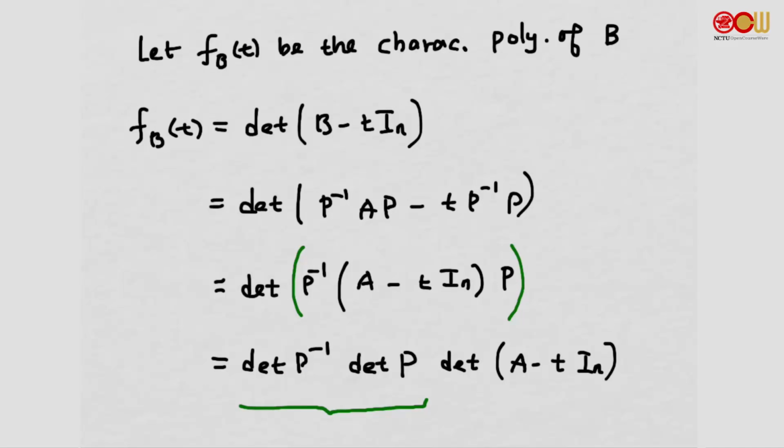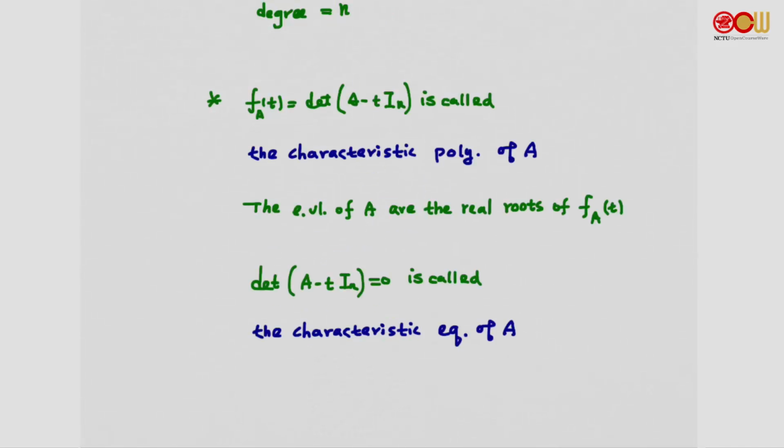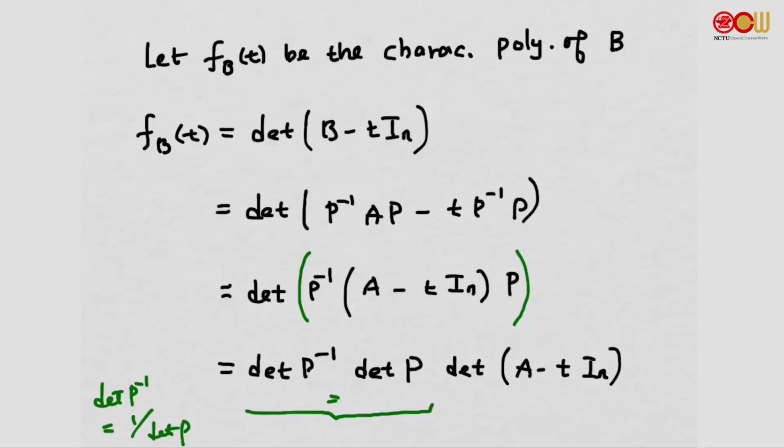And what is the determinant of P inverse times the determinant of P? We know the determinant of P inverse is equal to 1 over the determinant of P. So the product is equal to 1.